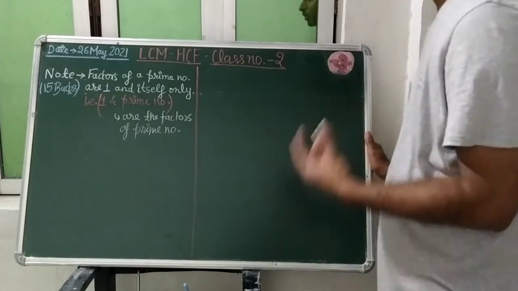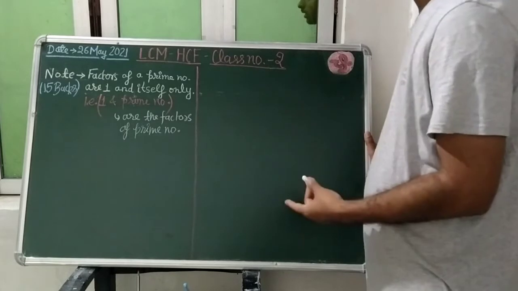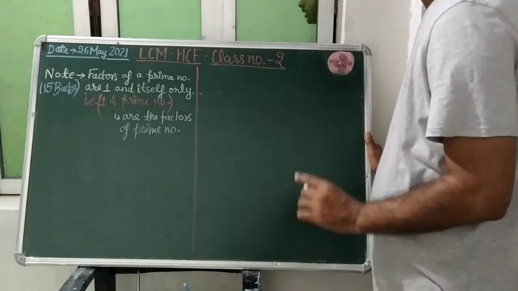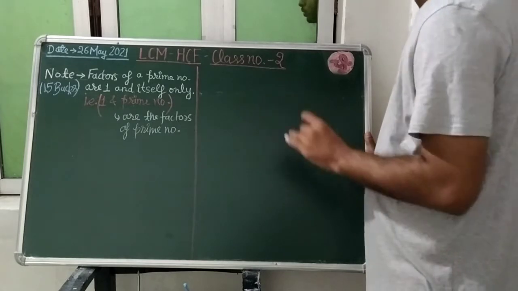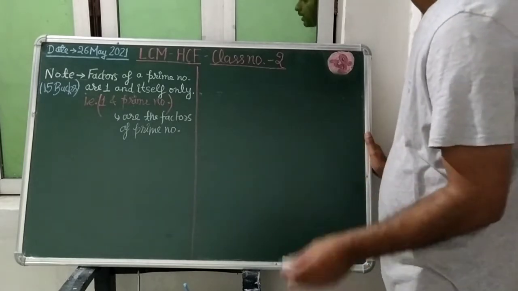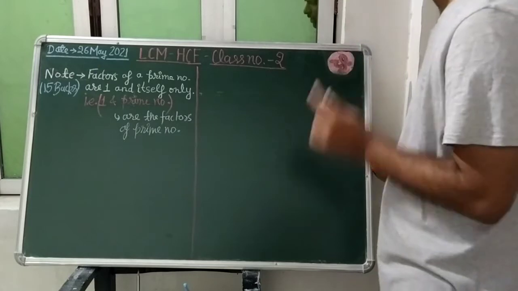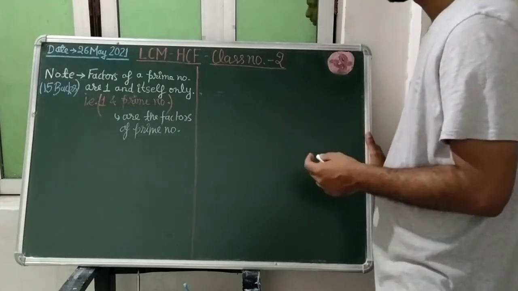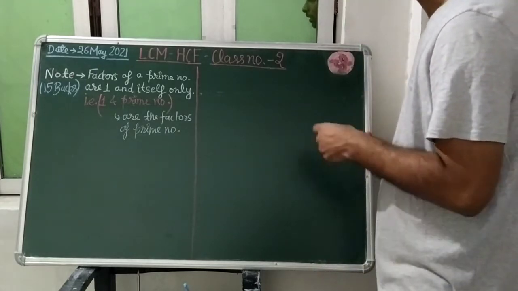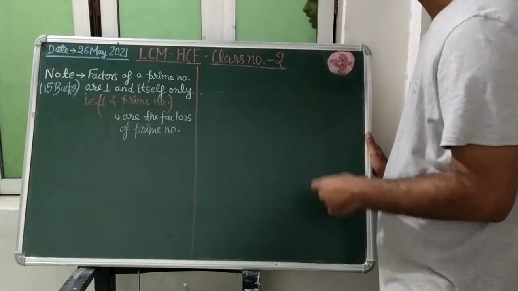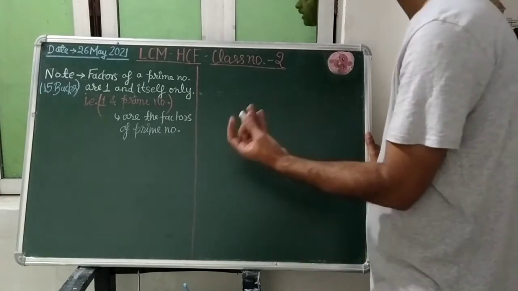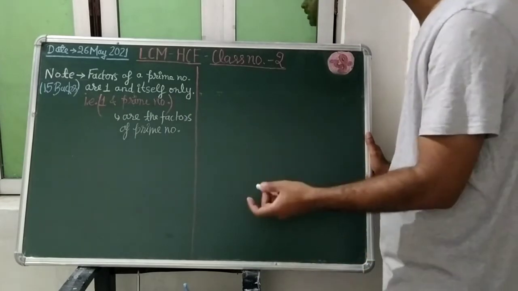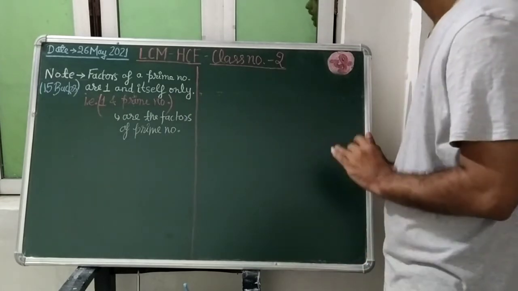Once again, in the earlier class, when we selected the number 11 and wanted to find the multiples and factors of 11, for the multiples we read out the table of 11, and that gives us the multiples of 11.